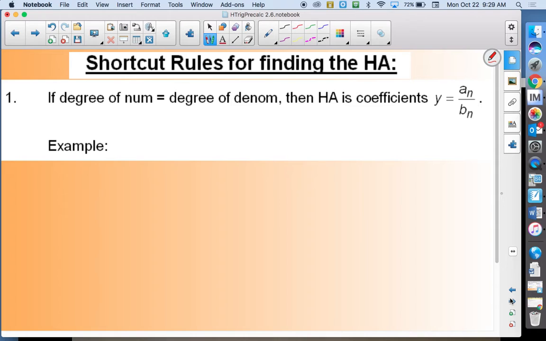So the first rule says if the degree of the numerator is equal to the degree of the denominator, then the horizontal asymptote is the coefficients. We talked about these 3 rules last year. So this is kind of just a refresher to go over why horizontal asymptotes exist, what to look for in the graph. So if we had, we'll say 3x squared plus 1 over 4x squared minus 1.